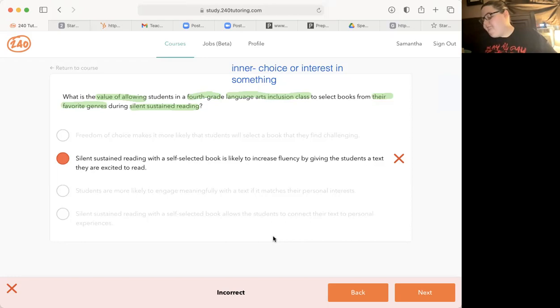I forgot to write this. And then you're gonna have 2 to 3 miscues. And that's gonna be your instructional level.